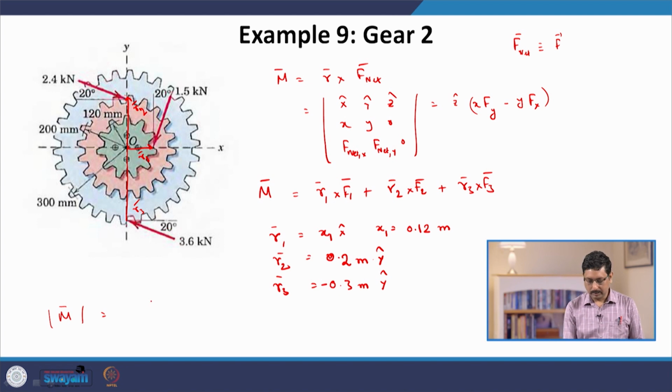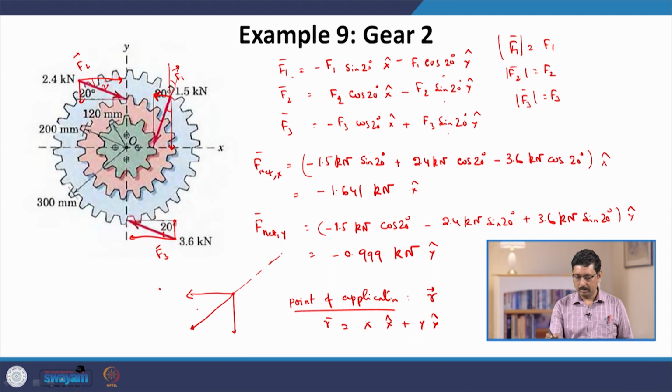So, the first term, M1, is nothing but 1.5 kilonewton times, as we discussed in the previous example, for F1 only the y component is going to contribute. So, we have written the y component here.